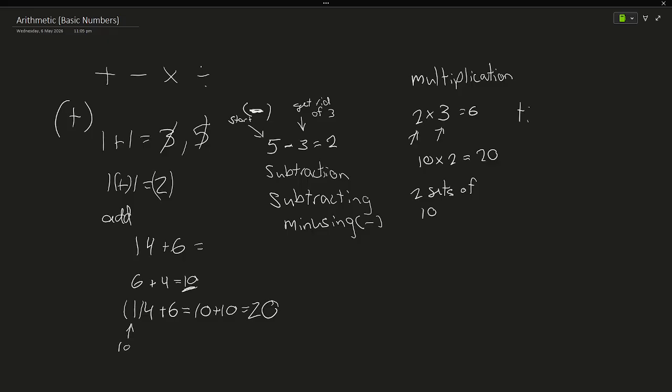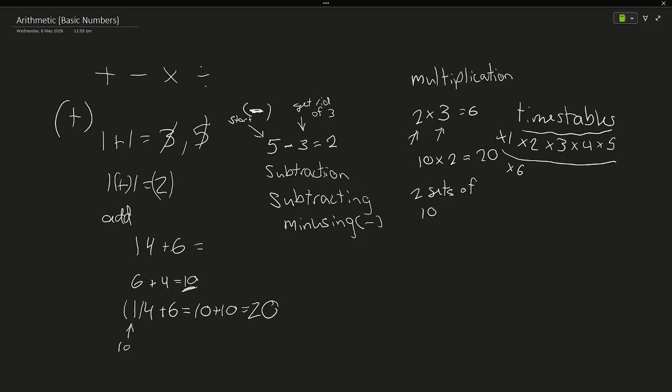If you know your times tables, so your times 1, your times 2, your times 3, your times 4, your times 5, at least, then you're on a good track.